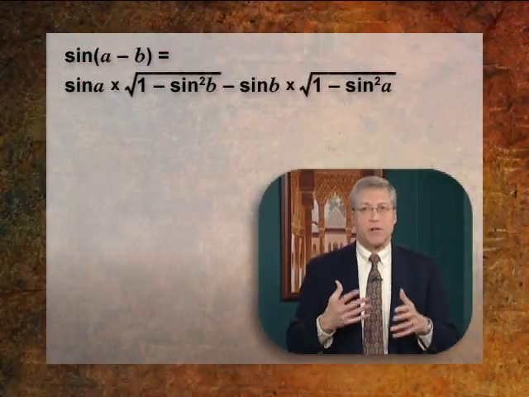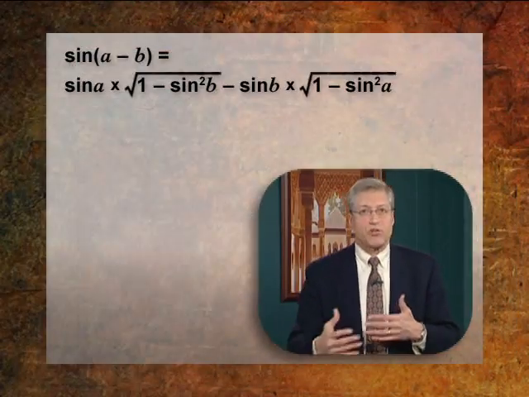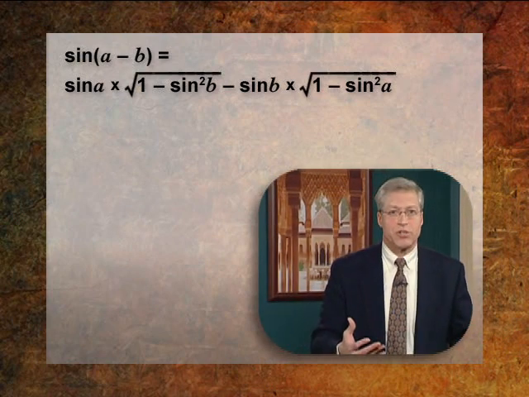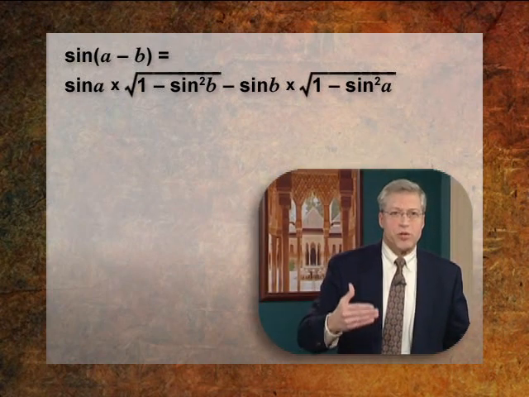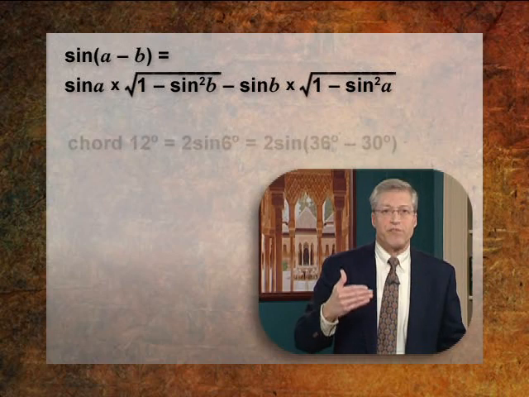Or equivalently, if you know the chord length of 1 arc and you know the chord length for a smaller arc, he found the formula for finding the chord length of the difference. This is equivalent to our modern formulas for finding the sine of a sum of angles or the sine of a difference of angles.